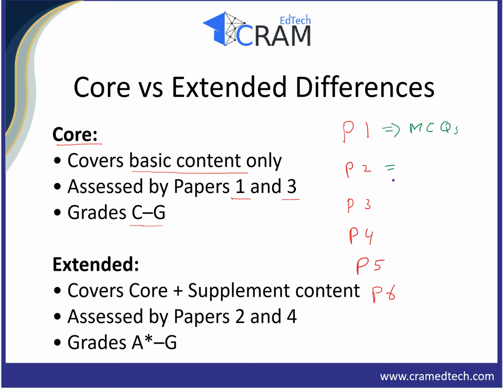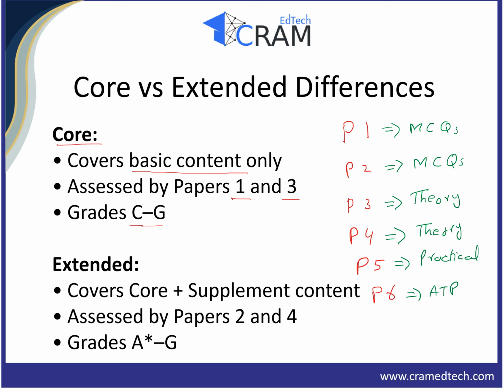Paper 2 is also MCQs. Paper 3 is a theory paper with structured questions. Paper 4 is also a theory paper. Paper 5 is a practical assessment, while paper 6 is the ATP, alternative to practical assessment.